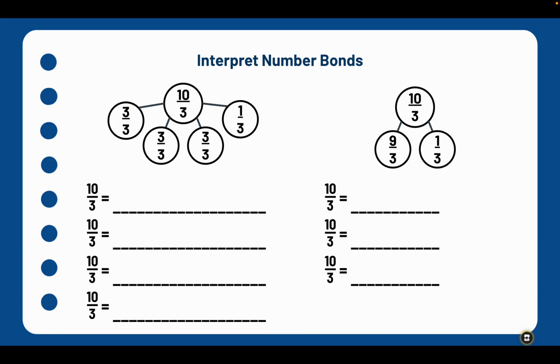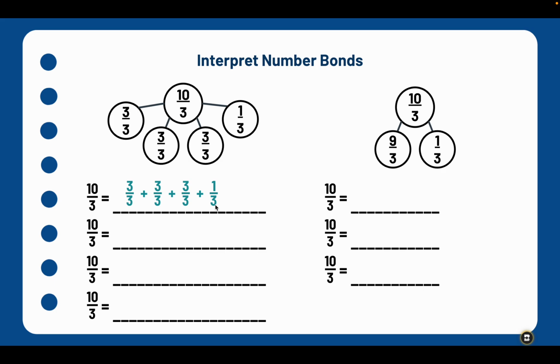The other number bond shows 10/3 decomposed into 2 parts, where 1 part is 9/3 and 1 part is 1/3. Let's show these bonds as equations. The equation for the first number bond is 3/3 plus 3/3 plus 3/3 plus 1/3.